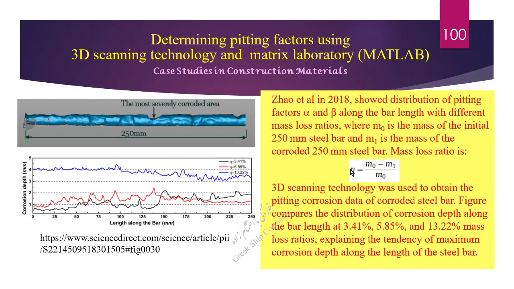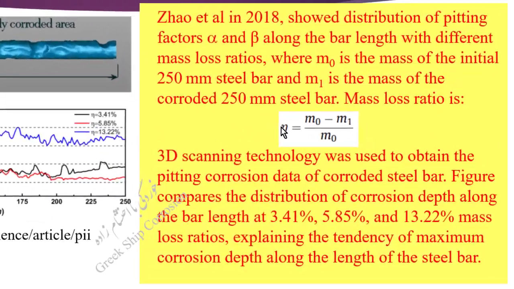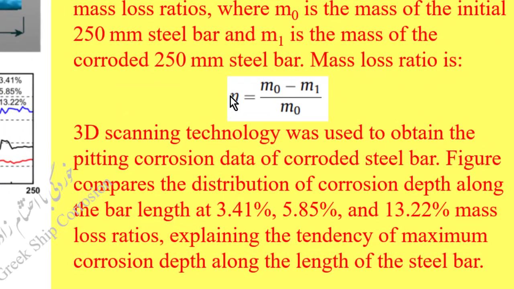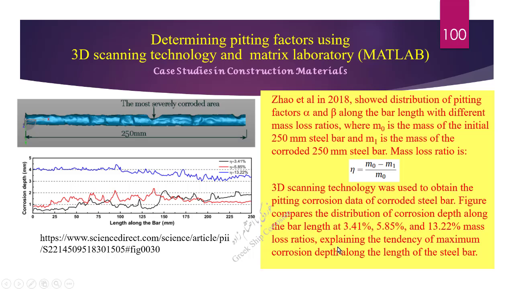3D scanning technology was used to obtain the pitting corrosion data of corroded steel bar. The figure compares the distribution of corrosion depth along the bar length at 3.41%, 5.85%, and 30.22% mass loss ratios, explaining the tendency of maximum corrosion depth along the length of the steel bar.